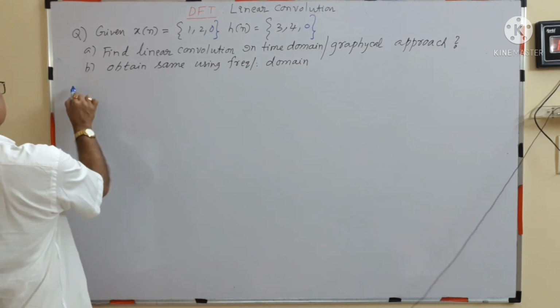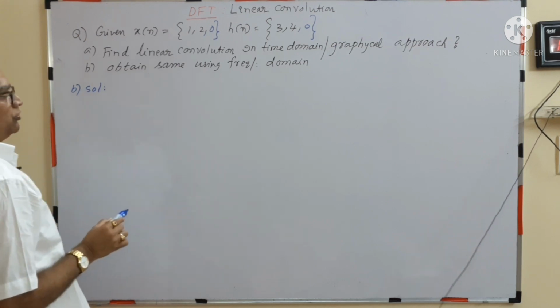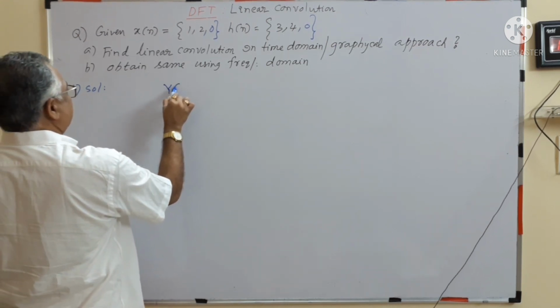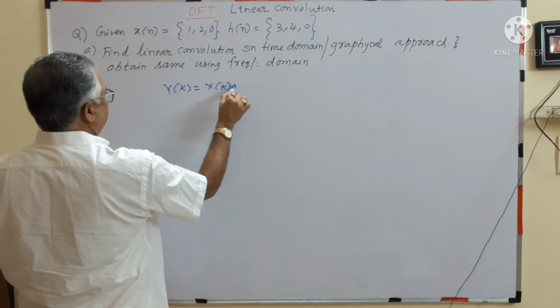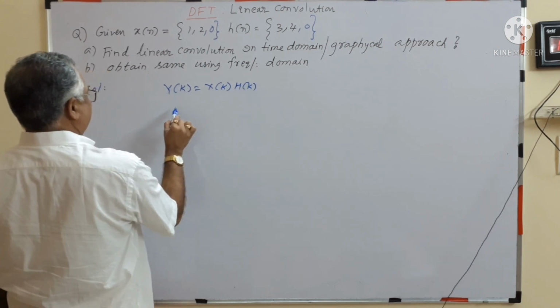So B bit solution, we have to use 3-point DFT. That means y of k equal to x of k into h of k. What we have to perform?